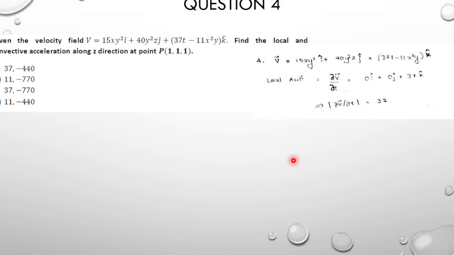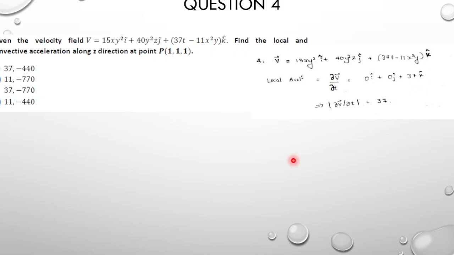Now, if you see, the local acceleration is the partial derivative of the vector field v with respect to time. It turns out that it becomes just 37 k cap. Anyway, in the question, it has been asked in the z direction.